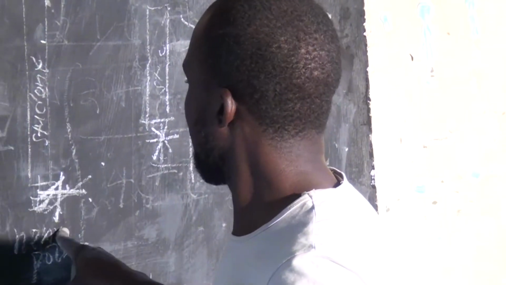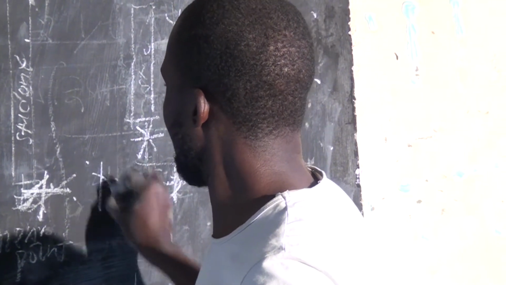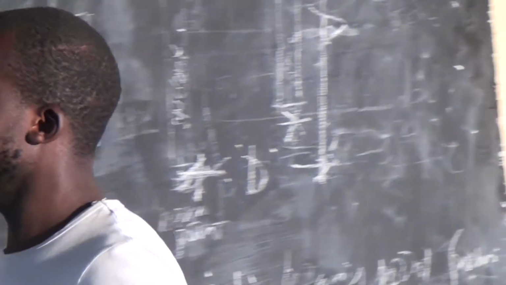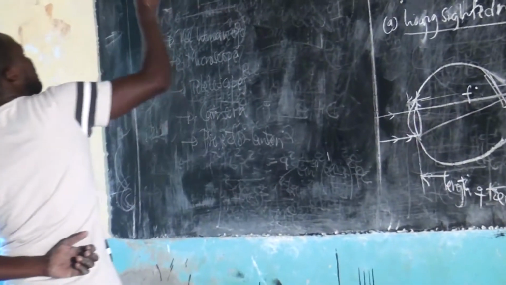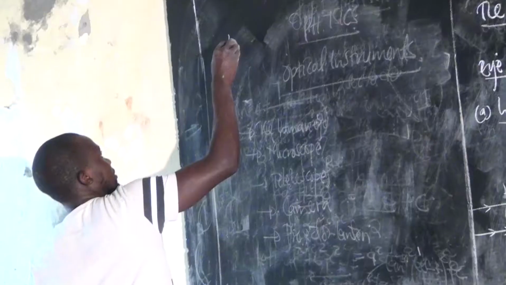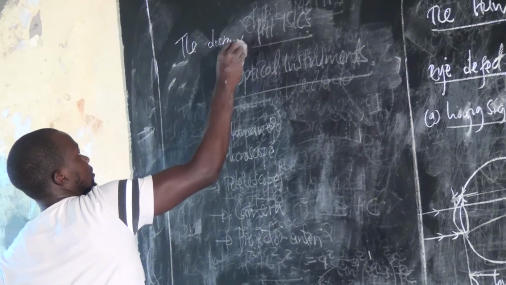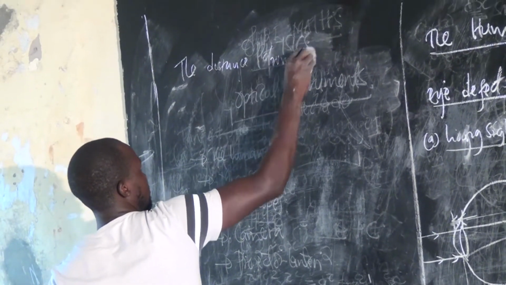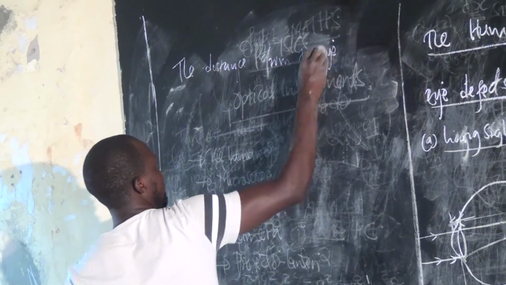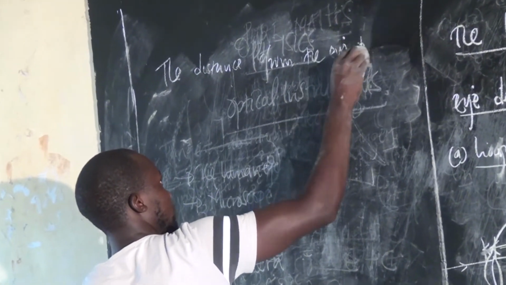Distance from the near point up to the eye becomes the D. It is the least distance of distinct vision. So you can have it as the distance from the eye to the near point.